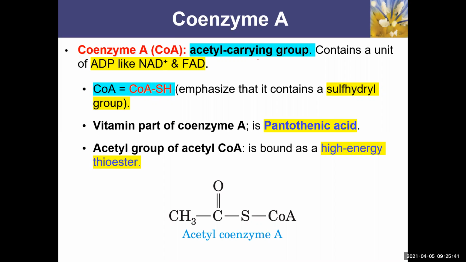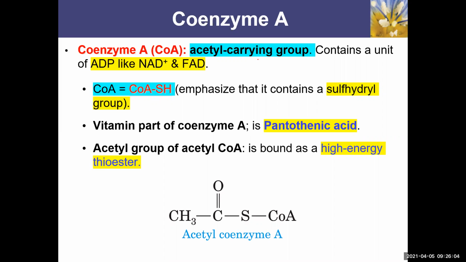Now, what you need to remember about the coenzyme is what is it made up of? What is its composition? But before we start its composition, we first try to understand what kind of derivative it is. It is again a nucleotide derivative, right? Whether we talk about ATP, NAD positive, FAD, or coenzyme A, they're all nucleotide derivatives.